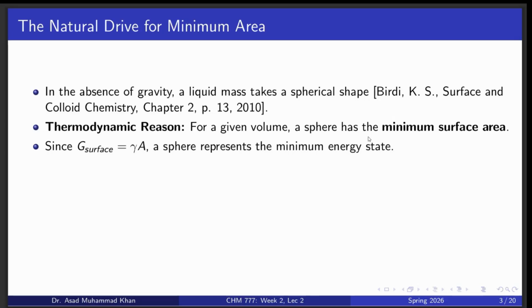Thermodynamically, for a given volume, a sphere has the minimum surface area, since the Gibbs surface energy equals gamma times area. A sphere represents the minimum energy state. Okay, here this is the Gibbs surface energy, so this will be a state energy.